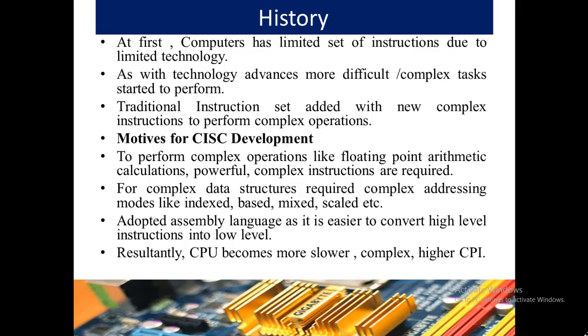Resultantly, what happened? Obviously, as we need complex architecture, the CPU becomes slower and more complex. And the CPI, that stands for clock cycles per instruction, increases.